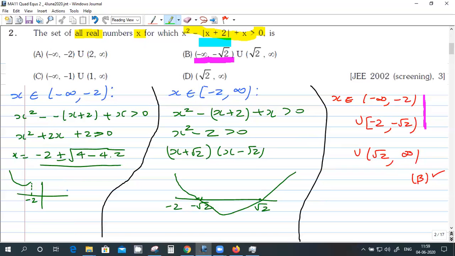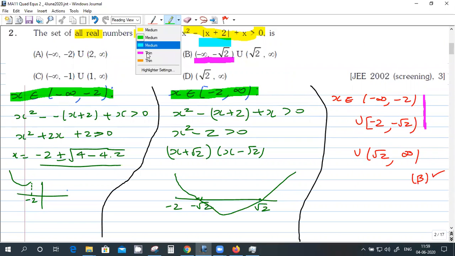First part is this one, minus infinity to minus 2, and then the second part is this one. This is a standard way of handling mod. Whenever mod is there, the behavior will change at one particular point, so split the problem at that point.